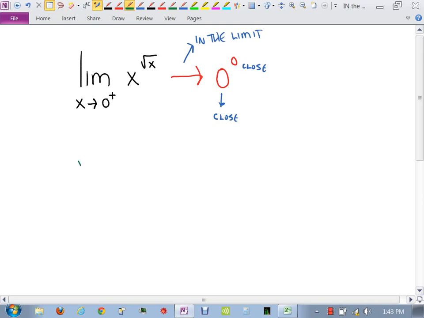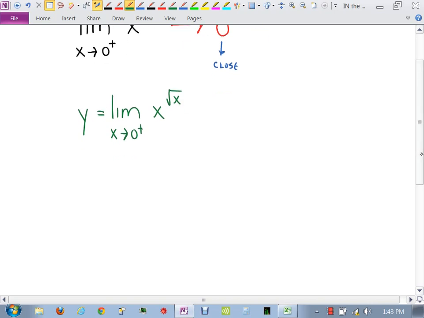You have to make an equation first. And the reason why you have to make an equation is because you can't do something to an expression just out of the blue. Like you can't take a number 3 and then just all of a sudden square root it. It's not 3 anymore. If you make an equation, then you can do something to both sides. So I have to make that equation first. Then I can come in with natural log on both sides.